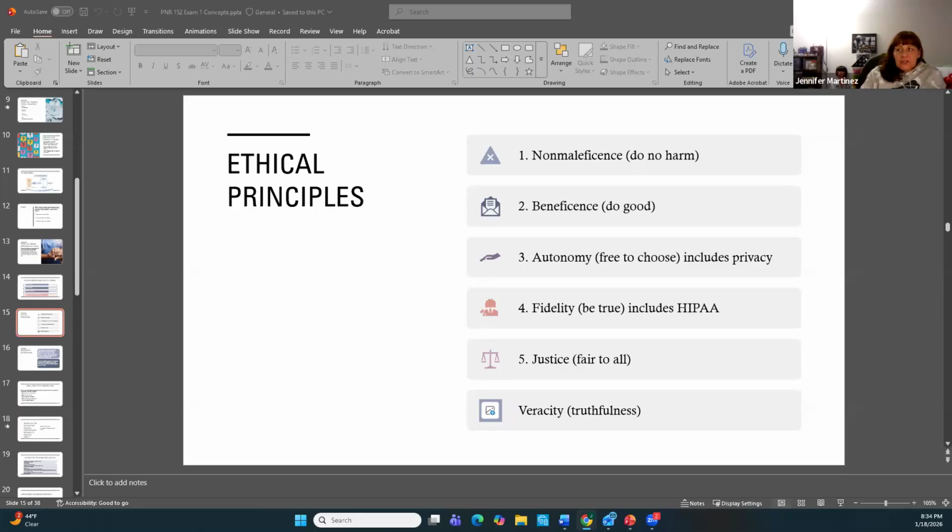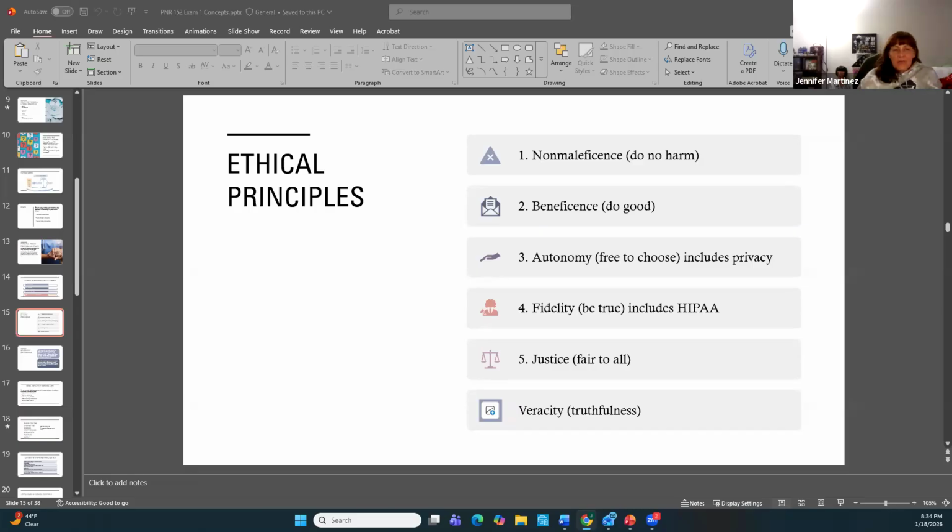Autonomy is the freedom to choose. That includes privacy. So we kind of talked about this a little bit with advocacy, right? Autonomy means that they get all the facts, they think through all the facts, and they decide what their course of action is going to be.